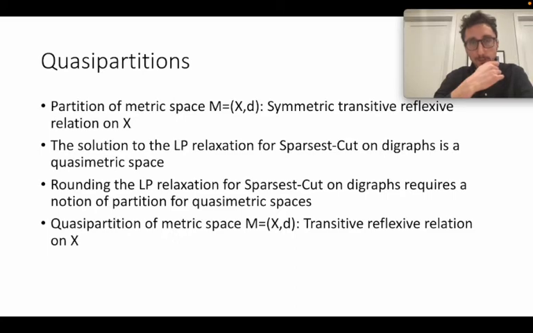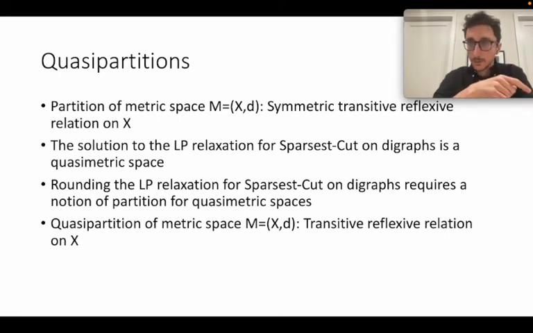A partition of a metric space can be thought of as a symmetric transitive reflexive relation on X. What is this relation? Every pair of points that end up in the same cluster are related. Now we extend this notion by considering the exact same definition and dropping the symmetry.